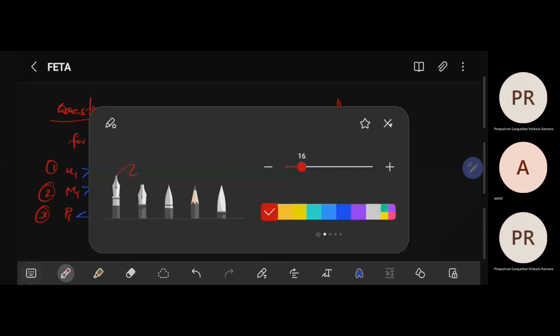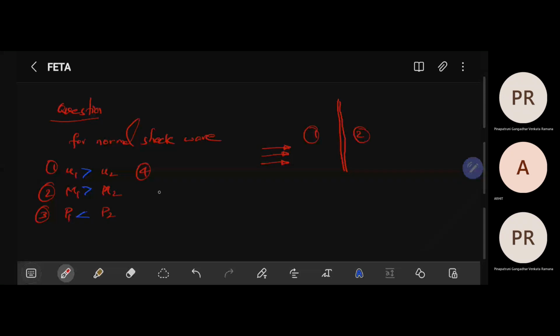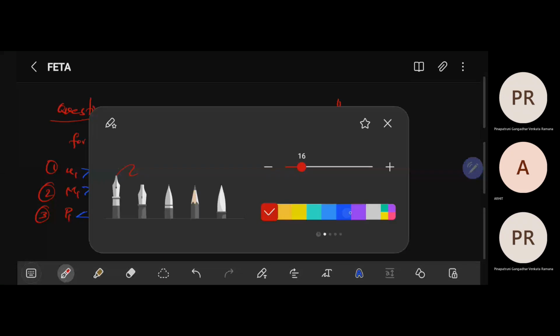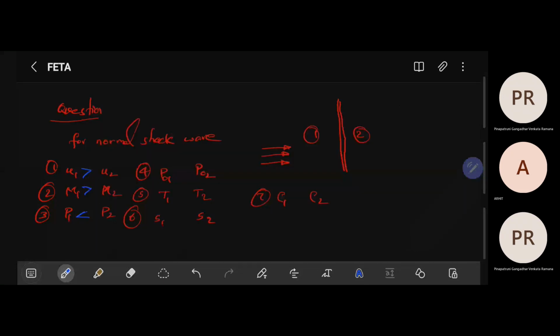Let's go to the next question. P01, P02, which one is greater? Stagnation pressure. Can you see this? Yes, sir. Just tell me whether it is greater or not, the fourth one.